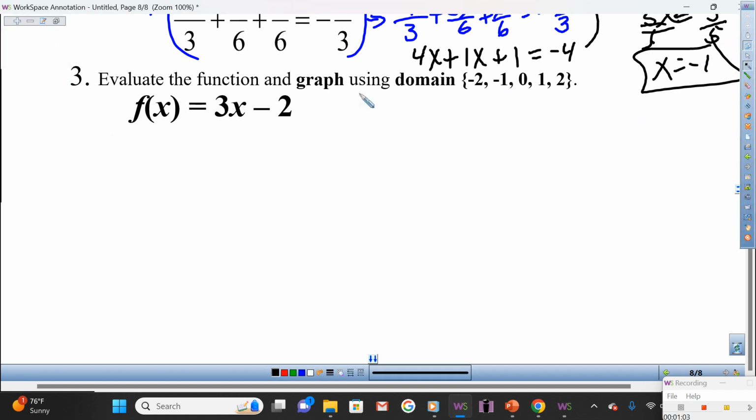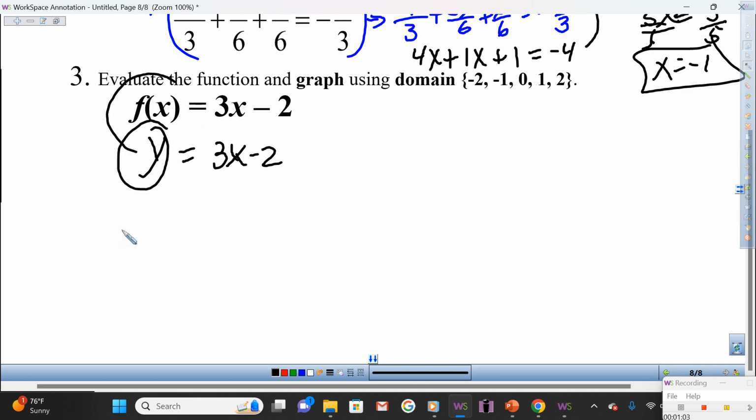Now, what do you guys notice different from these than the ones that we did in the past weeks? That it was y equals 2, is that correct? So before it became this, it should have looked like this. Look up. Y equals 3x minus 2. So what's the difference, Mr. Q? The only difference is that we replaced the y with what? F of x, because we're moving into functions. That's why this is known as a function.